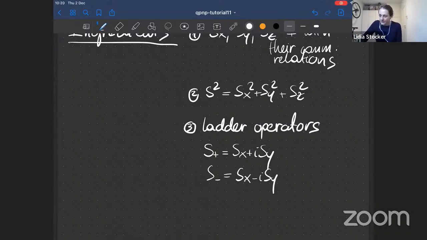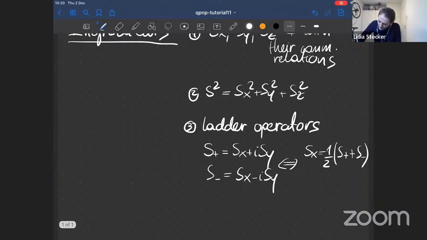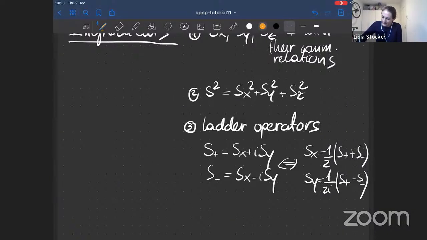From this it follows, equivalently, that you can write the Sx and Sy operators in this way: Sx and Sy in terms of S plus and S minus. Showing this is exercise 1A of this week.